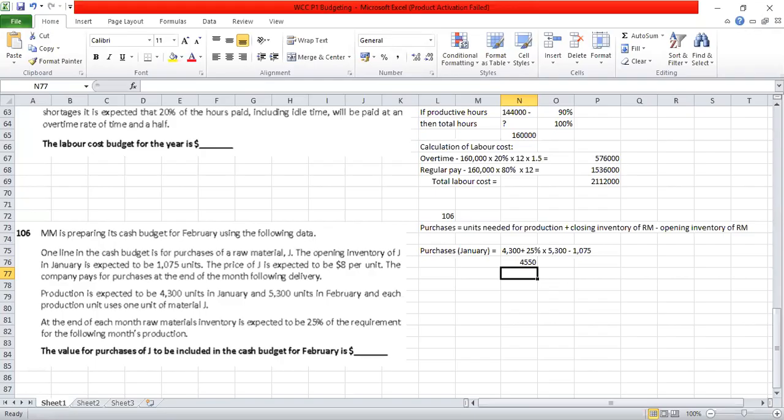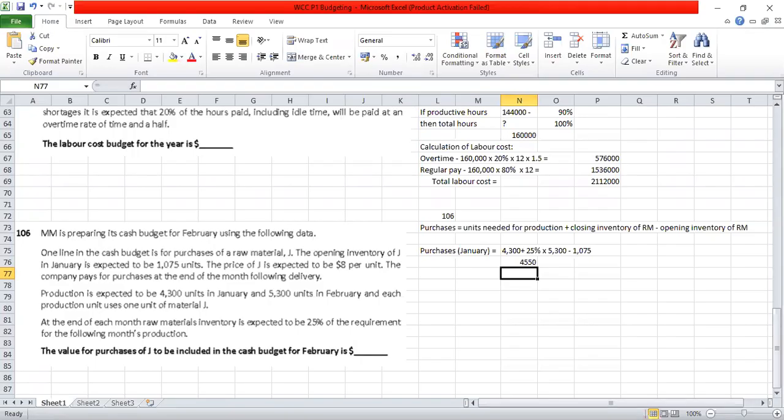At the end of each month, raw material inventory is expected to be 25% of the requirement for the following month's production. So the payment for these materials, which is purchased, 4,550 units, each unit would be calculated at the rate of $8. This will be paid following that delivery, the next month.